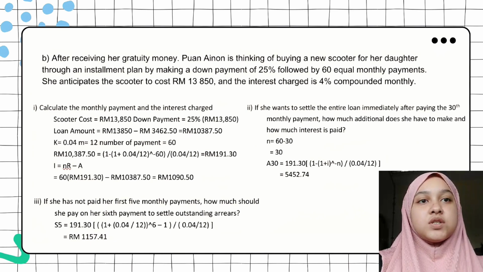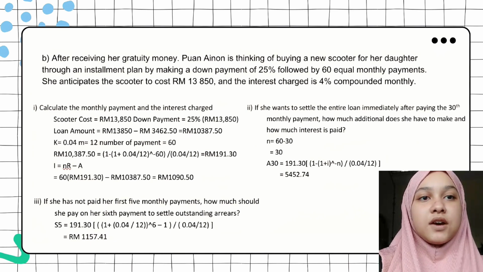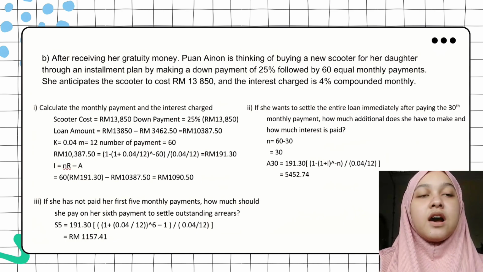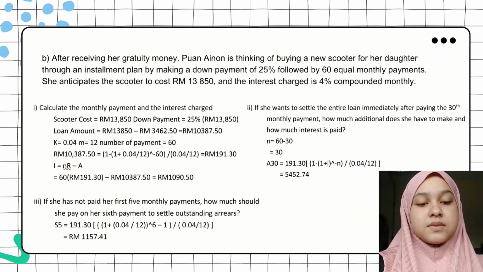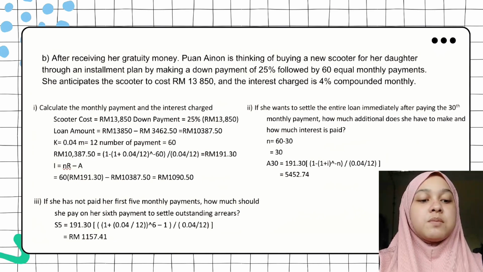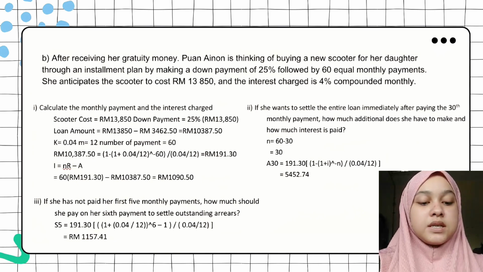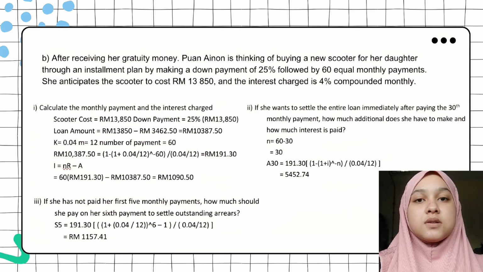Let's move to the next question. If she wants to settle the entire loan immediately after paying the 30th monthly payment, how much additional does she have to pay and how much interest is paid? So first we must find the value of n. So n equals 60 minus 30 equals 30.